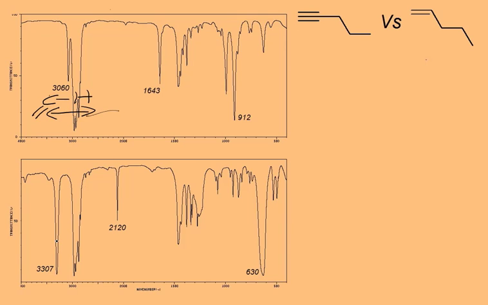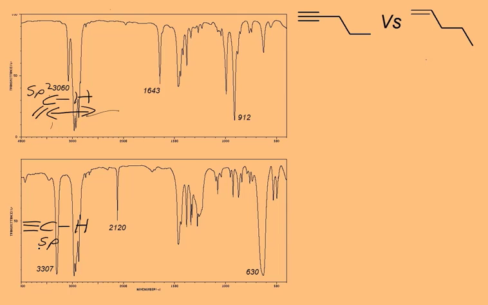We also see an absorption of infrared radiation for a carbon to hydrogen bond when the carbon is attached in a carbon to carbon triple bond, but the absorption is at much higher energy because the carbon here is just sp hybridized, while the carbon in the alkene is sp2 hybridized.